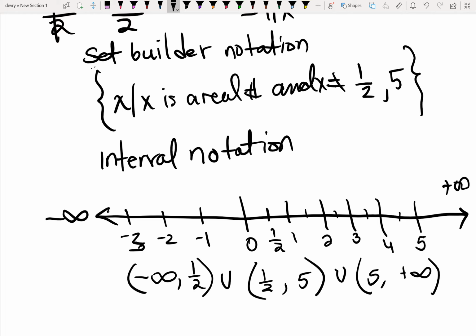So the way it looks is you're coming from infinity, going up to the half, not including the half, up to 5, not including the 5, and same thing from here to positive infinity, where we will be closing out. Alright, so that's how you would deal with that.